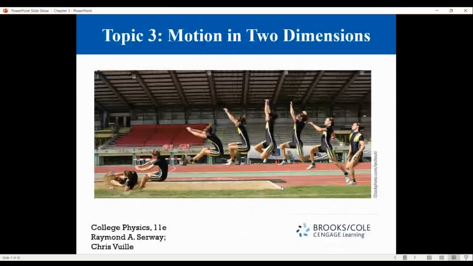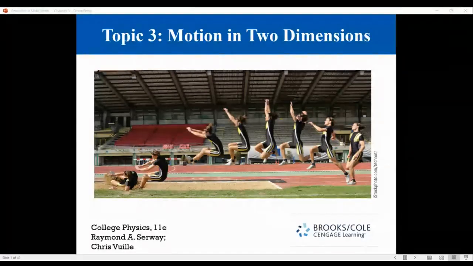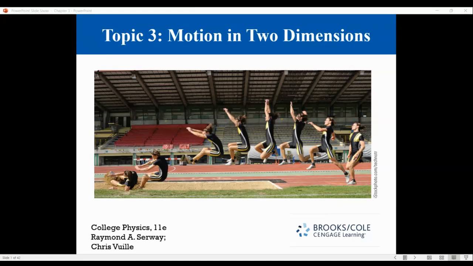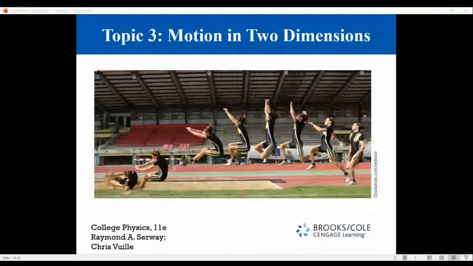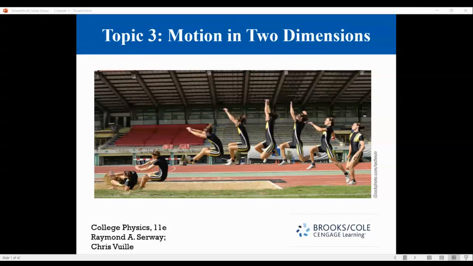Let me probably go to the start. We'll be starting on a new topic, and it's motion in 2 dimensions. Obviously, it is an upgrade from motion in 1 dimension. So you have to grasp the concepts from there, which you'll need now for 2 dimensions, which is very important.